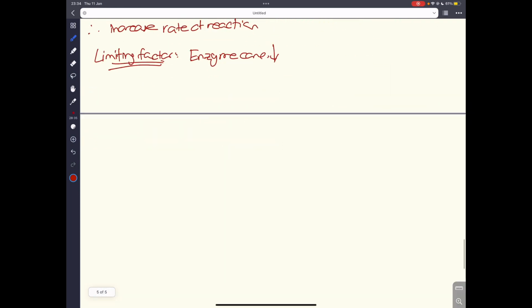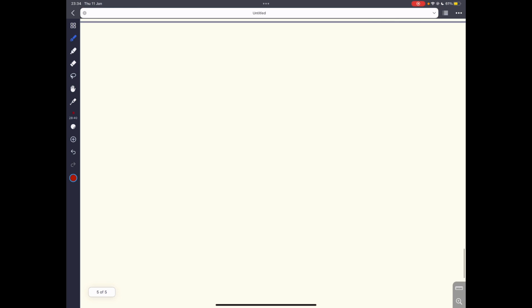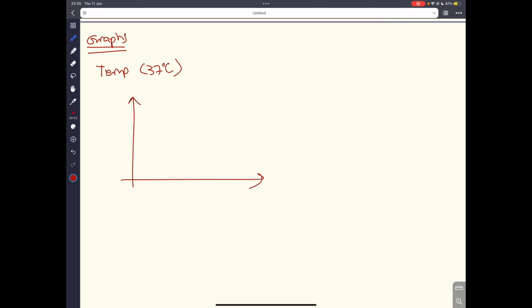Now they do like to ask you about graphs for these enzyme topics. So let's look at some of the graphs. For temperature, remember it works at around 37 degrees Celsius, right? So they could give a graph like this. Now the variable that we're going to change is temperature, and this is the rate of enzyme activity.